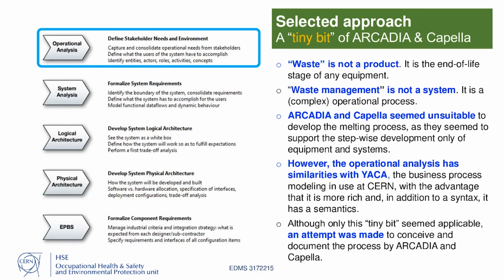So the elements in the drawings have a meaning, and you cannot manipulate them as you wish. And although it was just a tiny bit from the operational analysis level, it seemed still interesting, and I made the attempt to use Capella and ARCADIA.